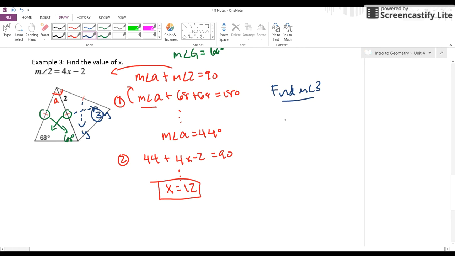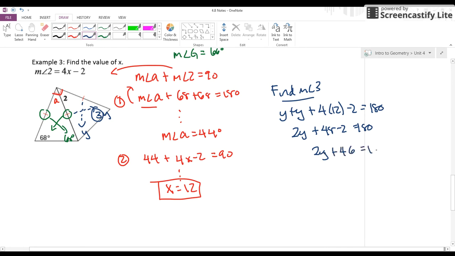So we can say y plus 4x minus 2 should equal 180 once more. So see how that triangle sum theorem is pretty great, right? And then I can go through and solve for y and get that angle that I was looking for. So again, I just added that in to show you how you could keep going, really. Then we would get 67 degrees.